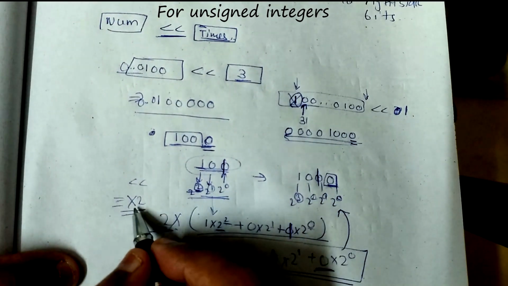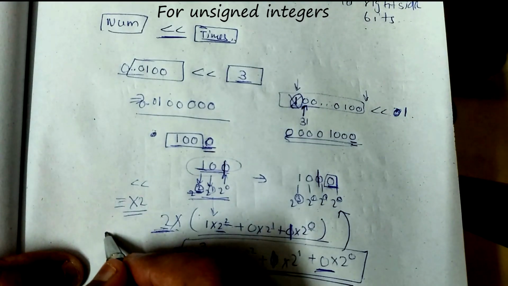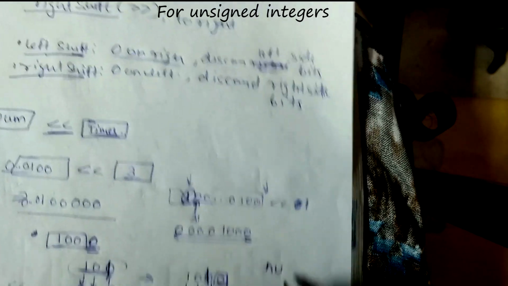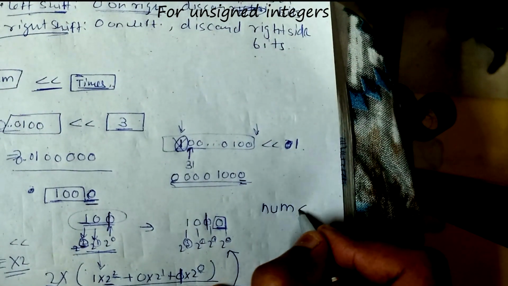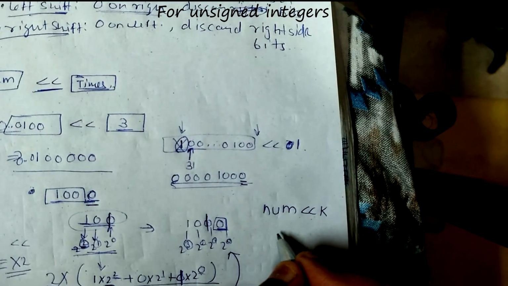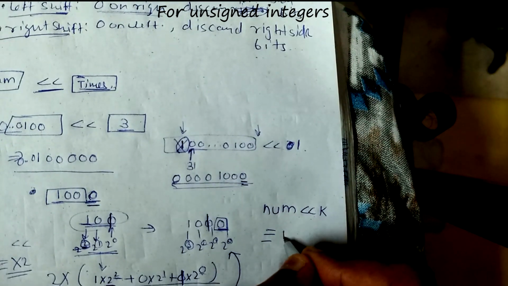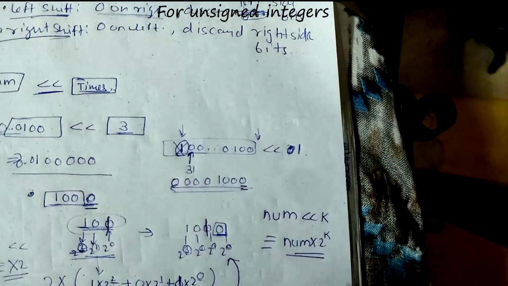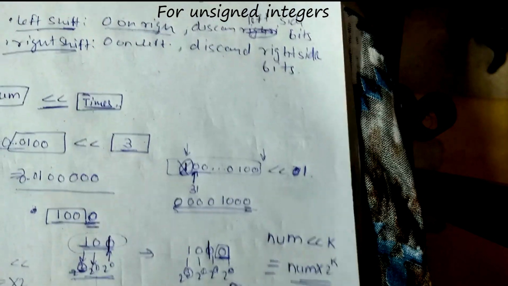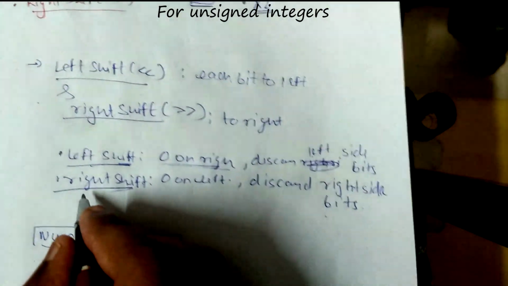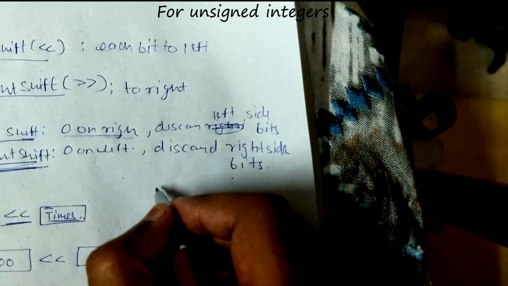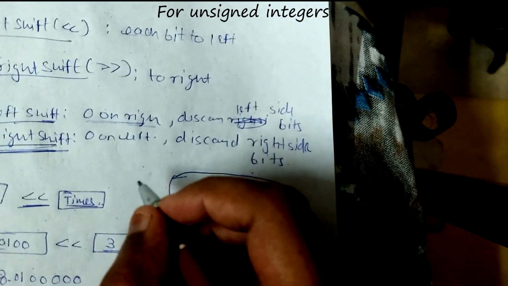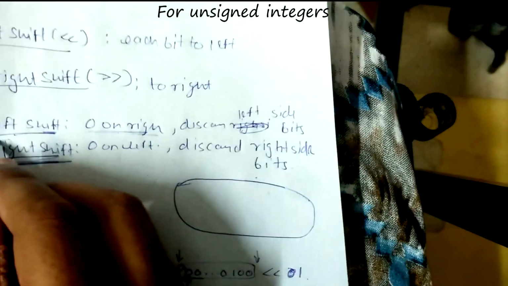And if you again shift it, then it would be multiplying it by 2 again. So if you shift a number k times, it is the same as multiplying that number by 2 to the power k. And for the right shift operator, it's almost the same as the left side.